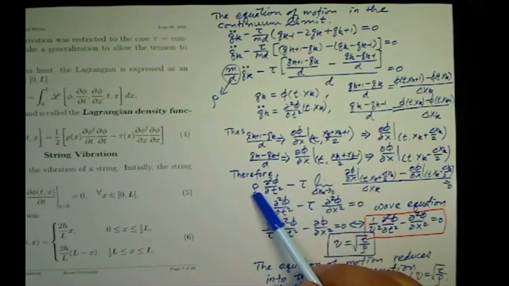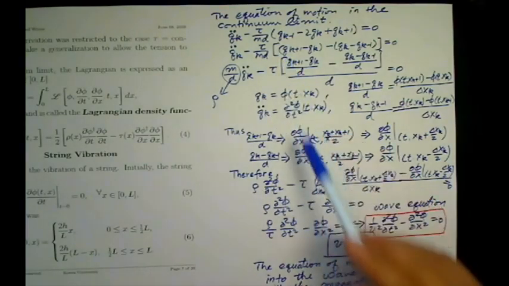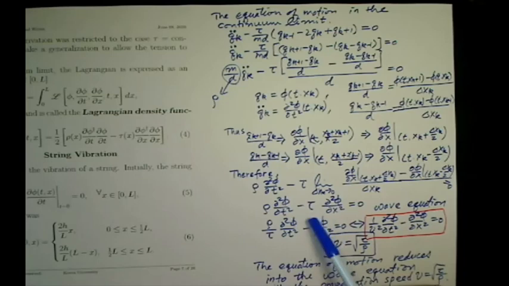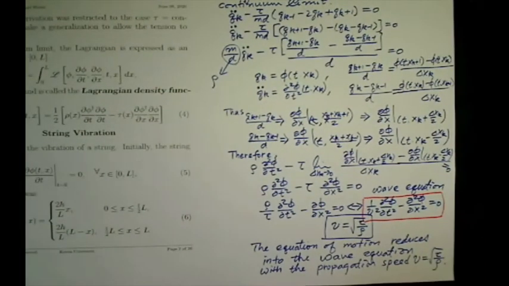Here is the linear mass density, and this is the tension. If we divide this equation by the tension tau, what we obtain is rho over tau and this expression. This is exactly the same as a wave equation if we define the speed of the wave propagation to be the square root of tension over the linear mass density.